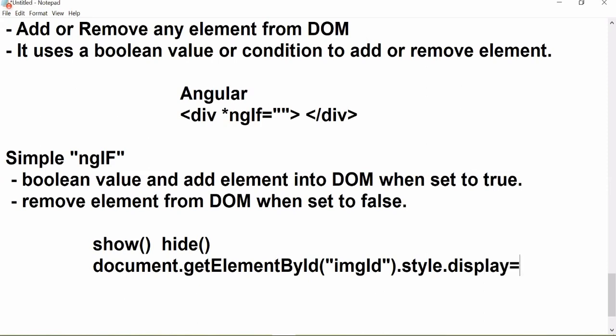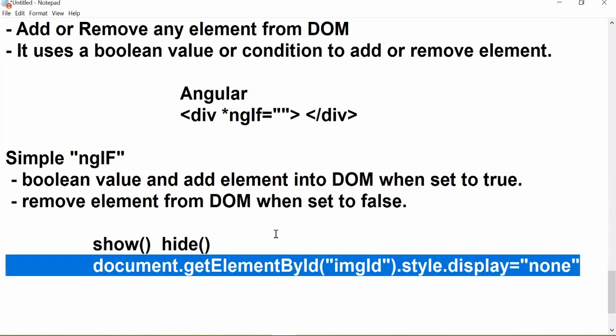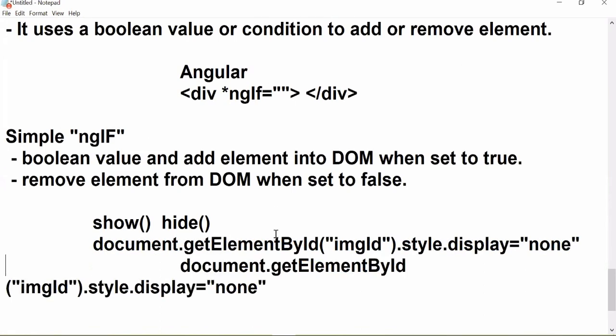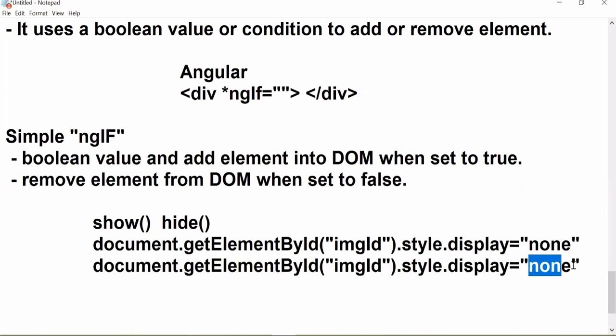They use none, and it will hide that image. If they again want to display it, they have to access that image and set display as block or display as inline. I hope you know JavaScript, and if you know JavaScript, you know that this is how we manage.